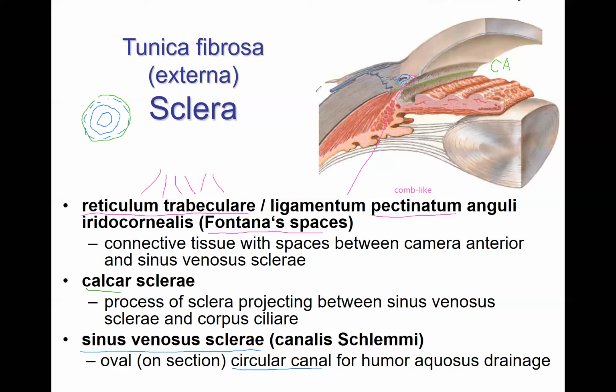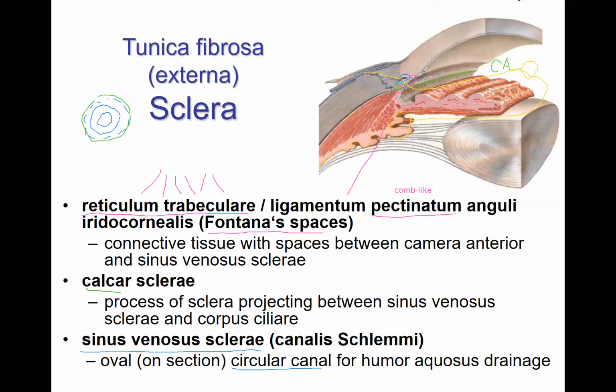And why is it like that? The fluid which is here, called humor aquosus, is absorbed here through the reticulum into the canal and then into veins. It is produced in the ciliary body, we will talk about that, and flows this way through the pupil, here and here. So we need to understand that this is a space for absorbing.